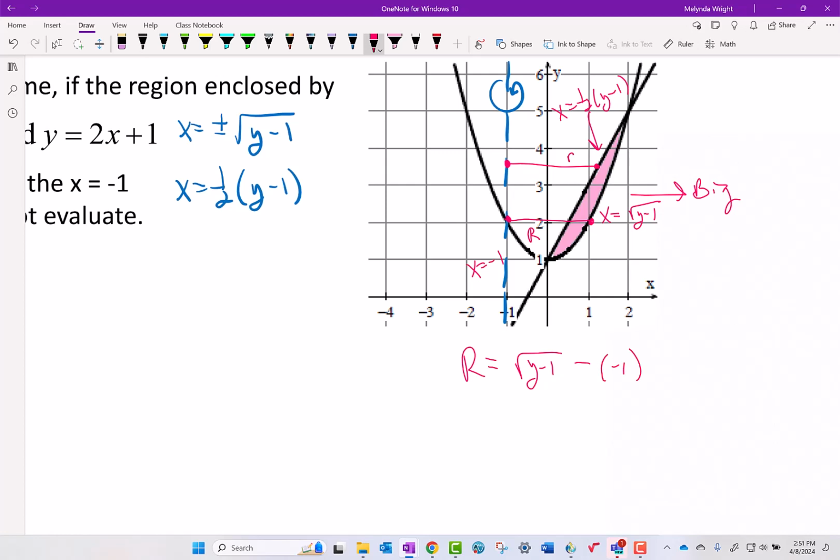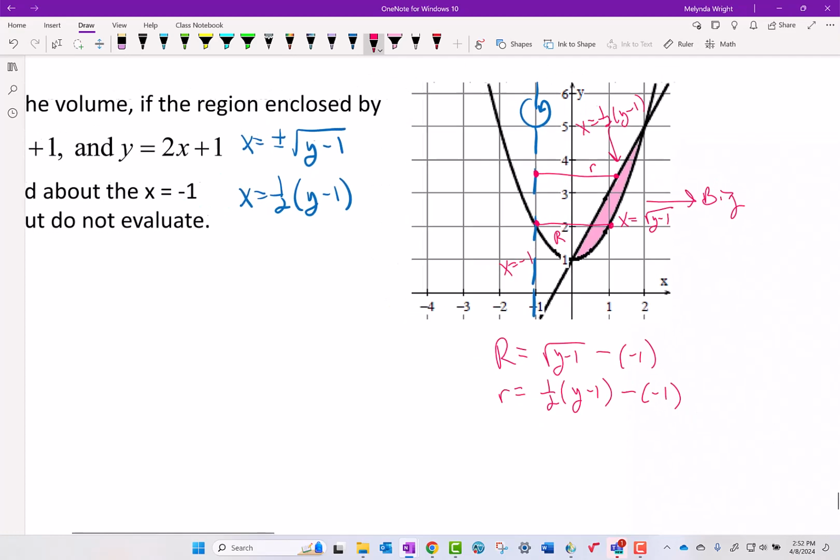That's my big R. Okay. Little r is the farthest right, the line 1/2 y minus 1, minus the farthest left, which is negative 1. And that's my big R and my little r.